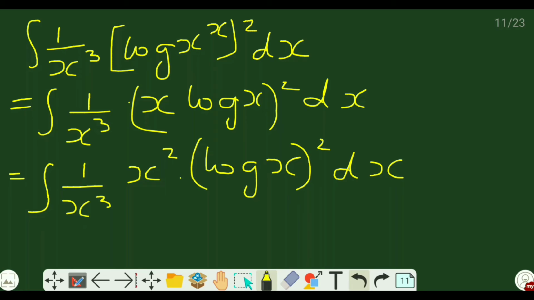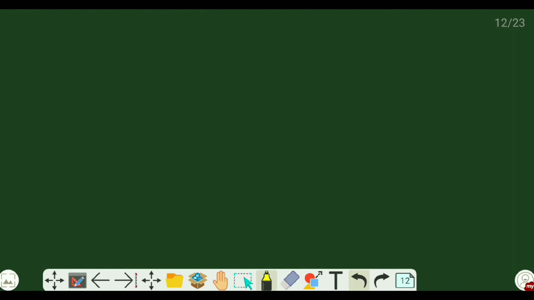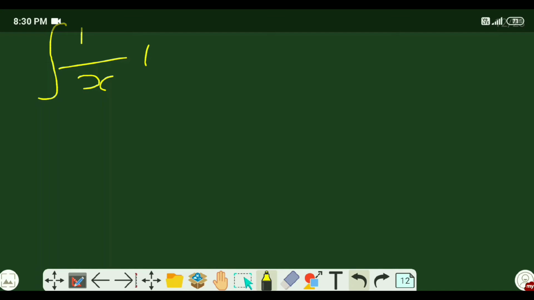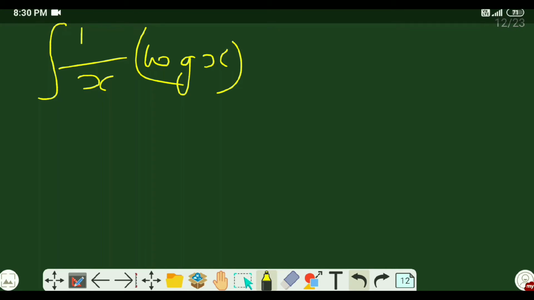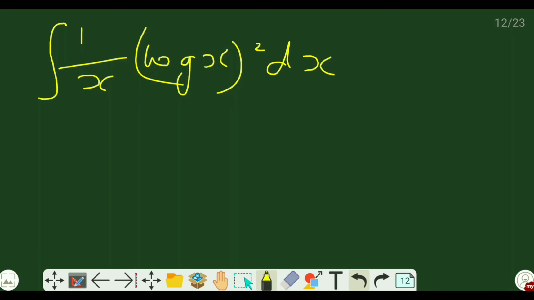After doing this, we cancel out the x terms in the numerator and the denominator, and thus we get 1 upon x log x the whole square. So we get 1 upon x log x the whole square dx. Now you can take log x as t, and therefore 1 upon x dx becomes dt.